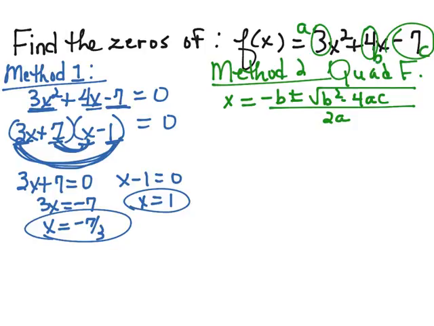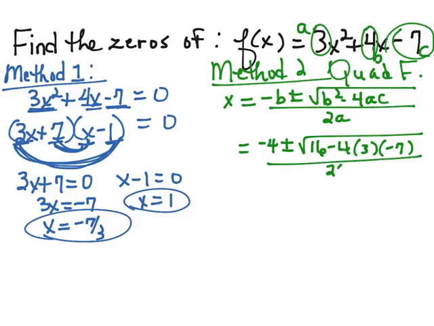So, substituting these values into our equation, negative b, the opposite of 4, would be negative 4, plus or minus the square root of 4 squared would be 16, minus 4 times a is 3, and c is negative 7, and we're dividing by 2 times a, which is 2 times 3.